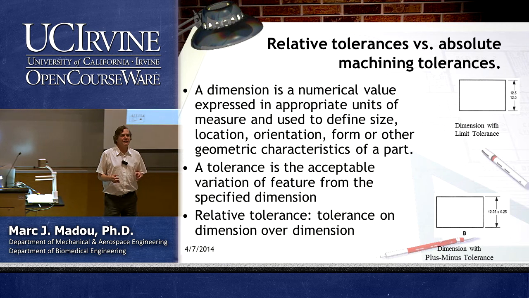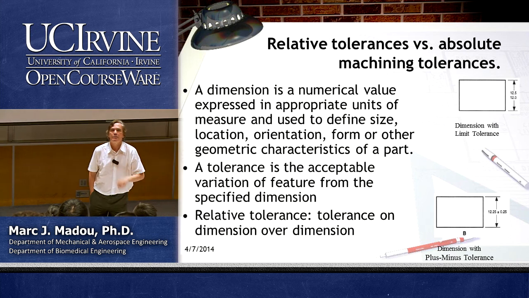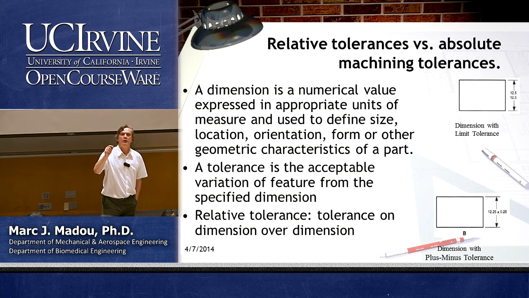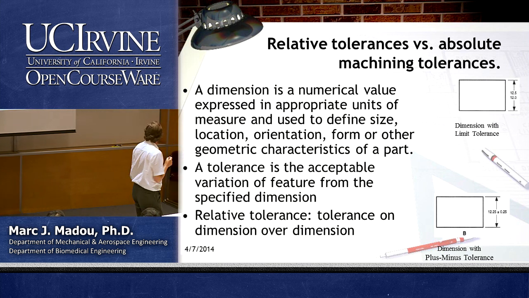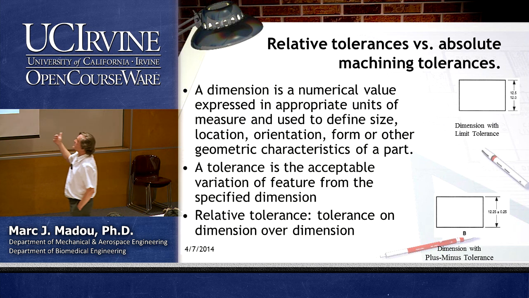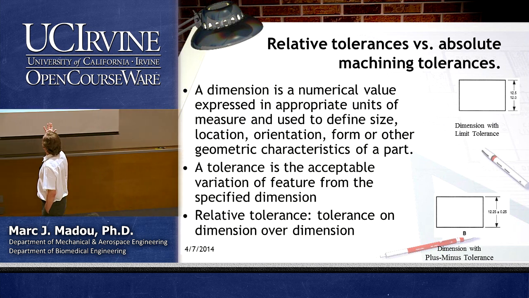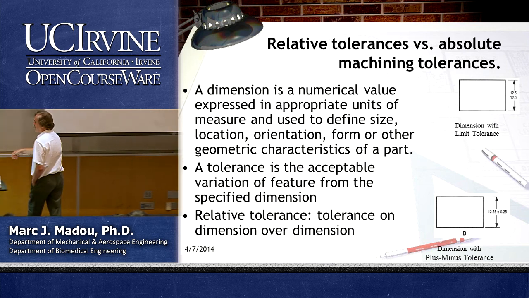Not much more difficult, but you'll have to put on your thinking hat a little bit because there will be a surprising outcome here. This is where I come to this point of relative versus absolute tolerance. So a dimension is a numerical value expressed in some units of measure and used to define size, location, orientation, etc. Right?